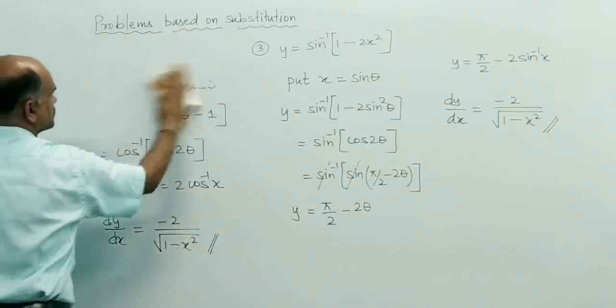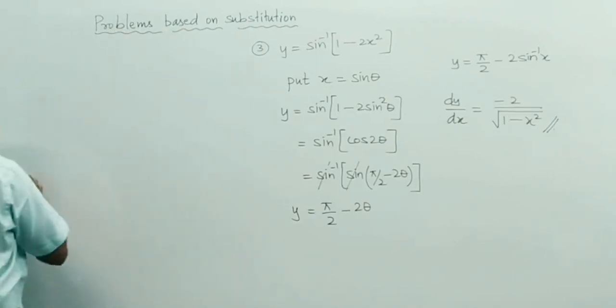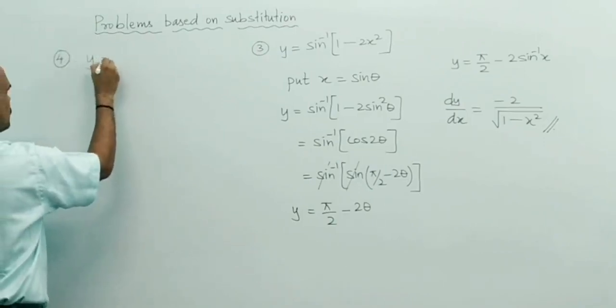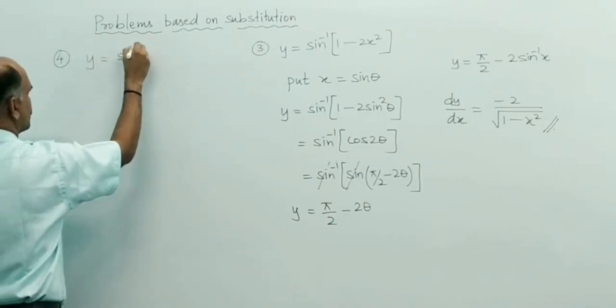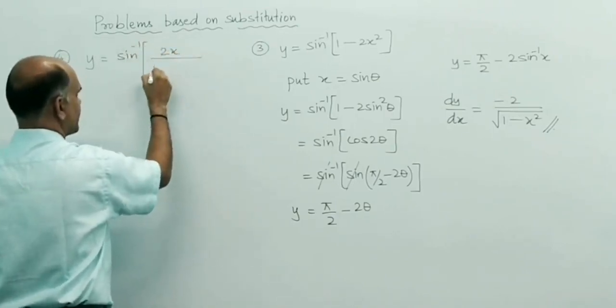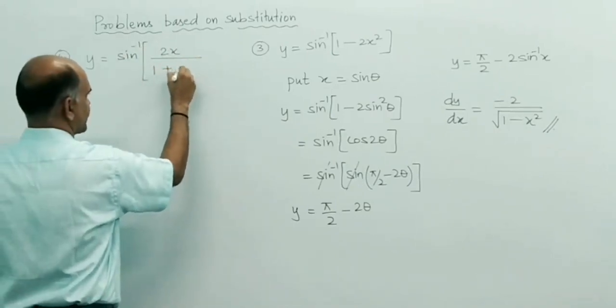Next, fourth one. If I take y is equal to sin inverse of 2x divided by 1 plus x square.